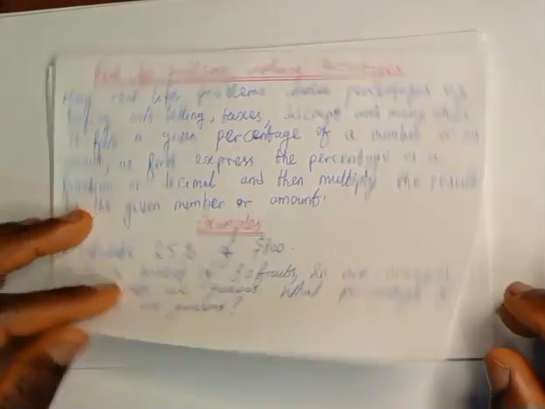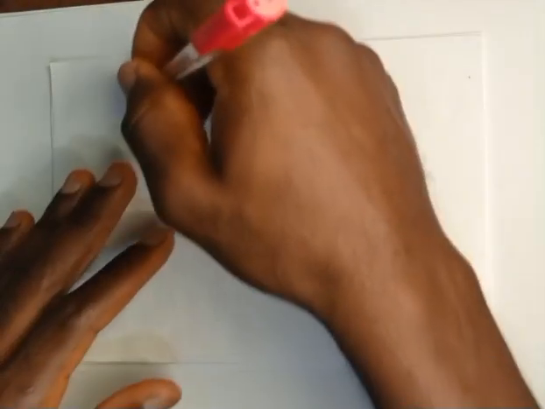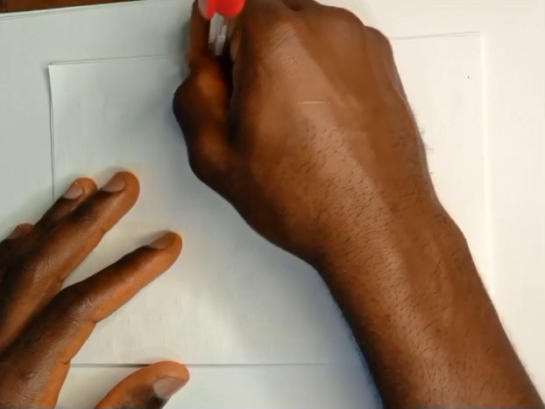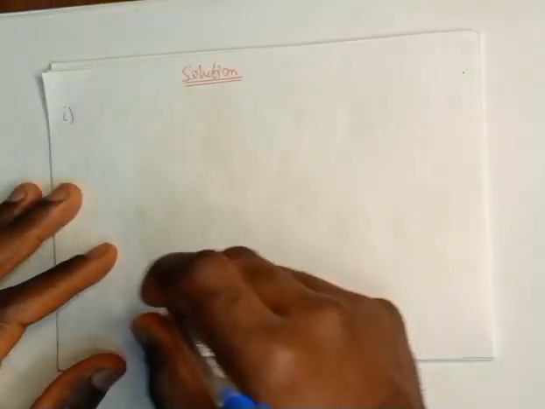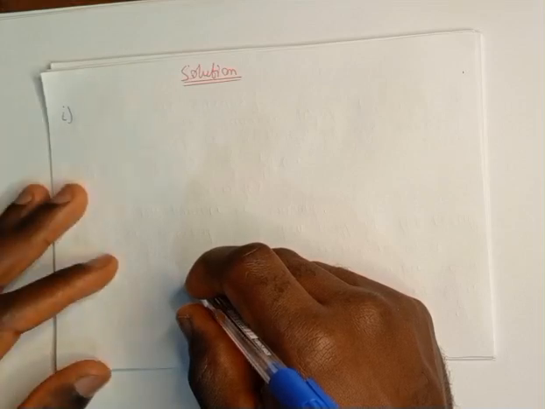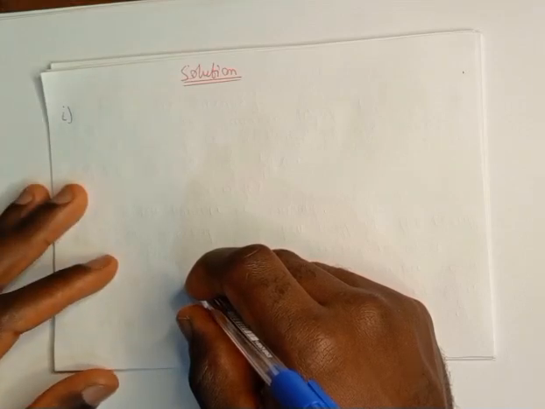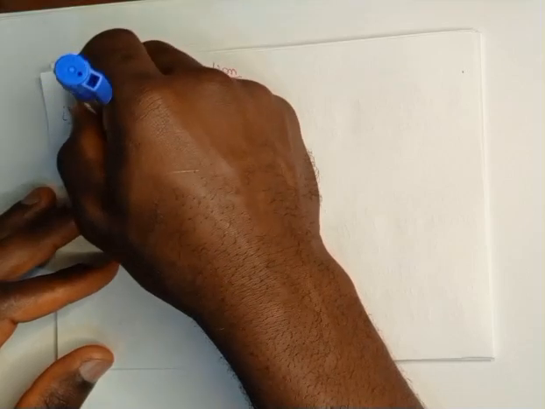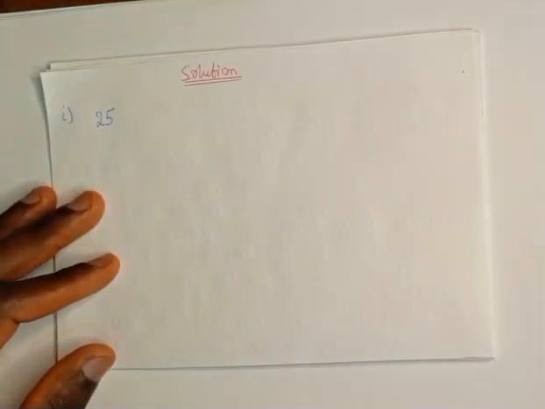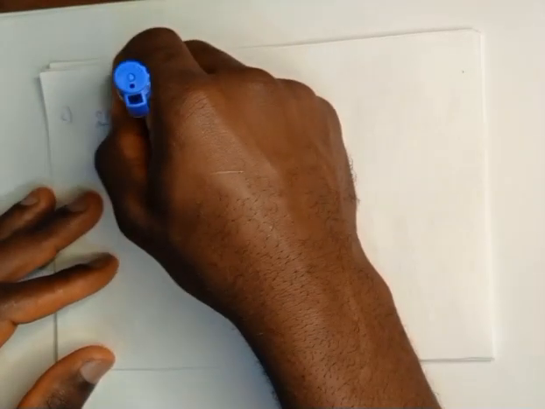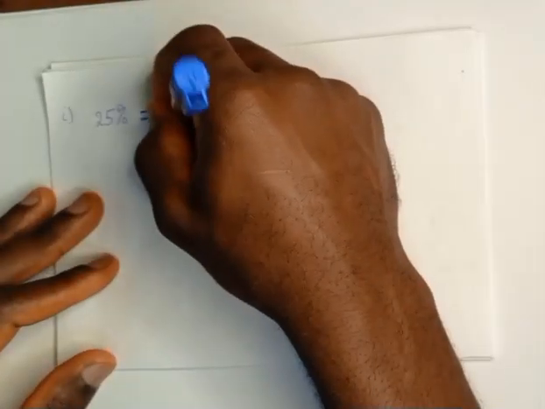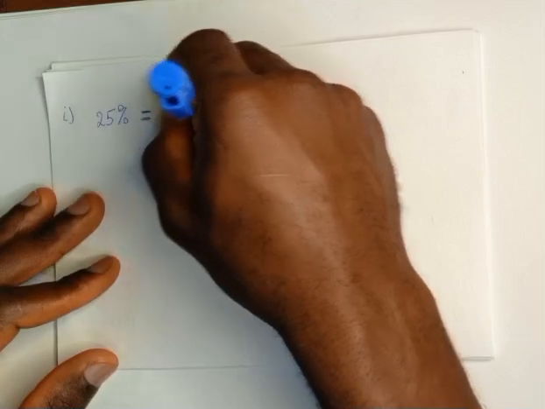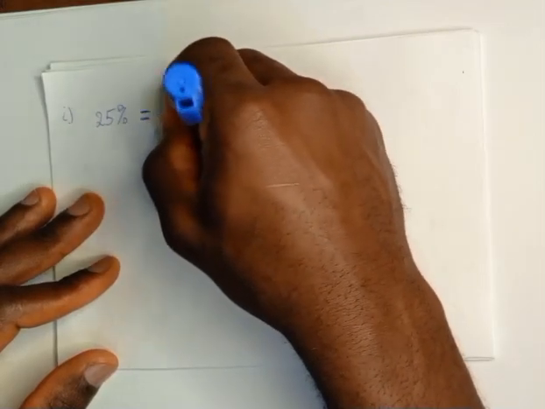Let's answer the examples. Starting with the solution. Question 1i says we should calculate 25% of $800. First thing, we are going to start by expressing the percentage 25% as a fraction. 25% as a fraction gives us 25 out of 100.